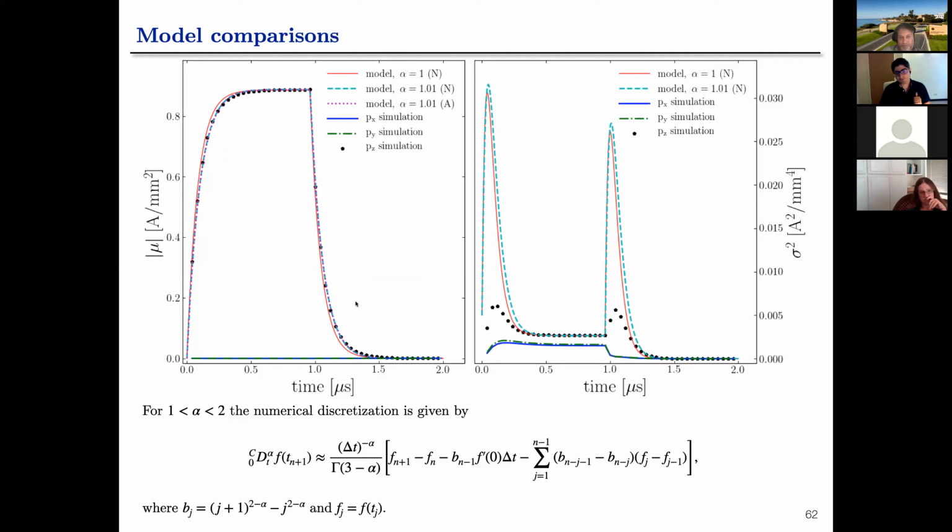So that's encouraging. However, when we look at the variance, we see that the overshoot that comes out of this model is significantly more than what we get in the numerical simulation. There could be different reasons for it. I'm still not sure what is causing it, but I'm happy that this signature appears in the evolution of the variance in the model.